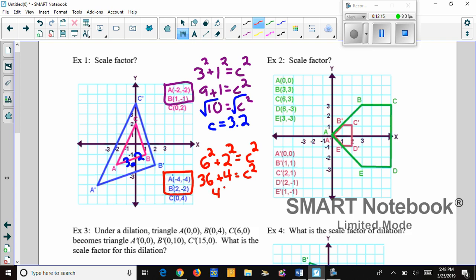That's 40 equals c squared. Square root will tell me that c is equal to 6 point, I'm going to round it off to 6.3.